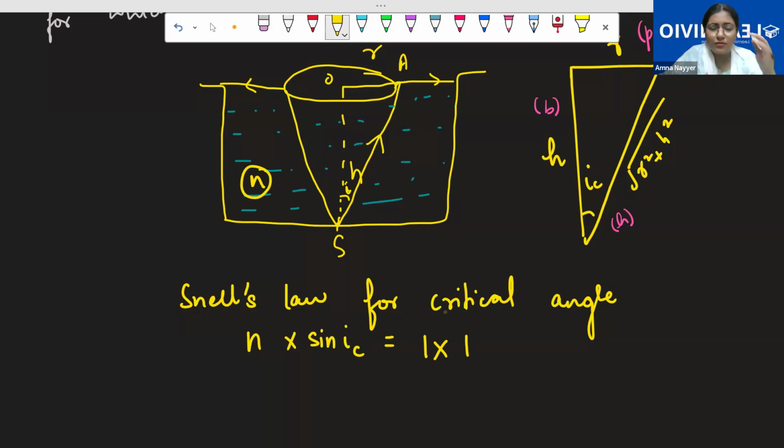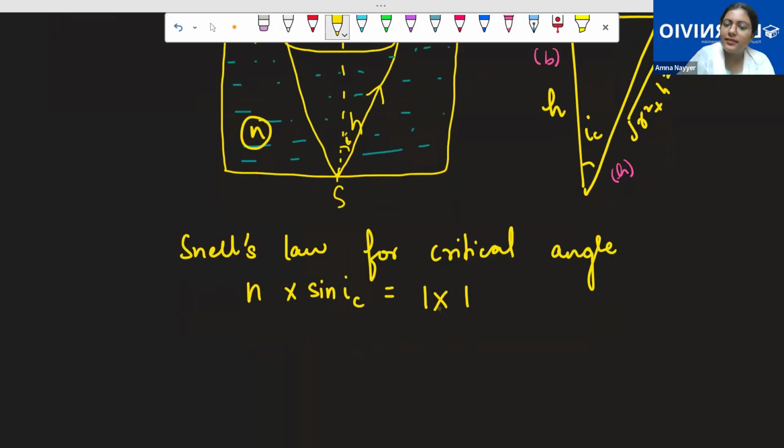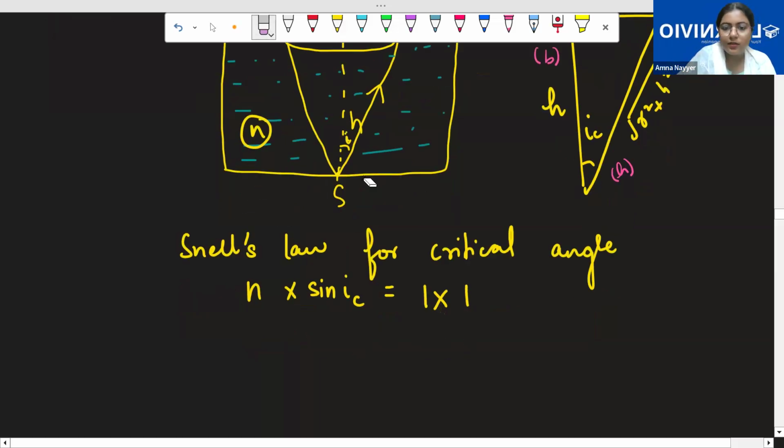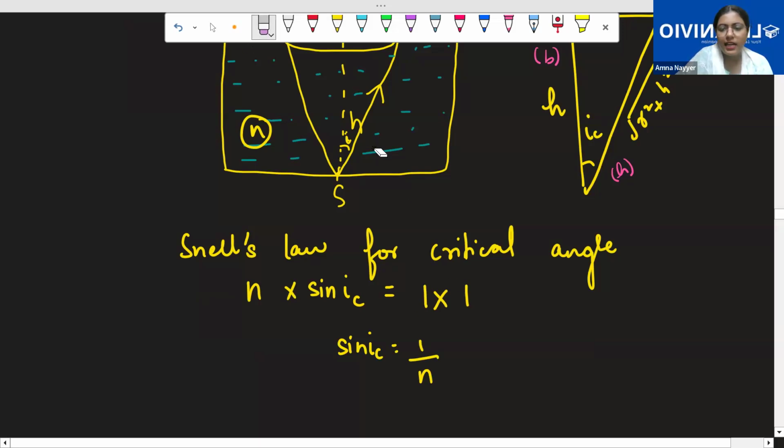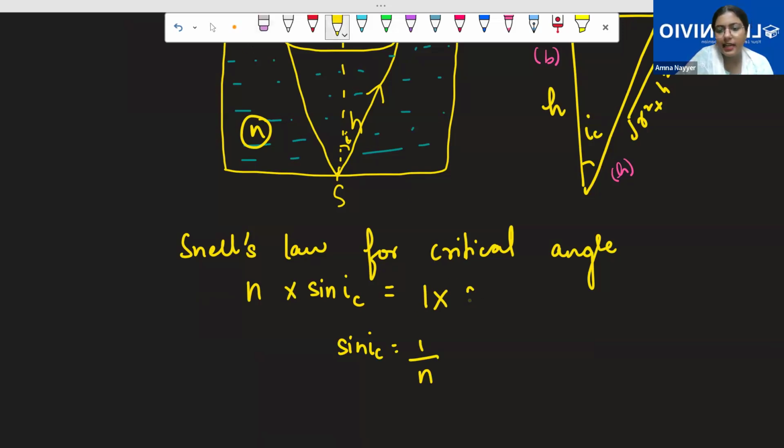Even I get confused because is it ND by NR, NR by ND, and all. Use this way. Eventually, it's the same thing. So you write this, or directly you can say sine IC is 1 by N basically. Correct. If you're able to write, in fact, I'll write sine 90 degrees only so that you can write it. That is one point.